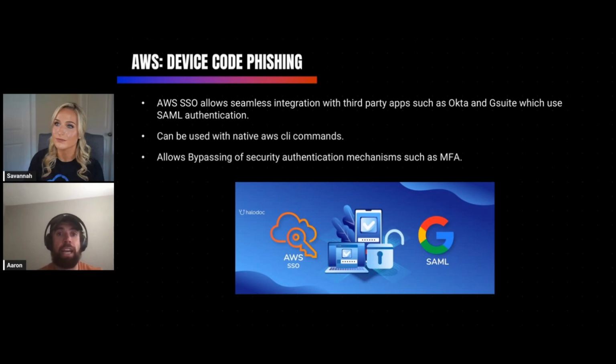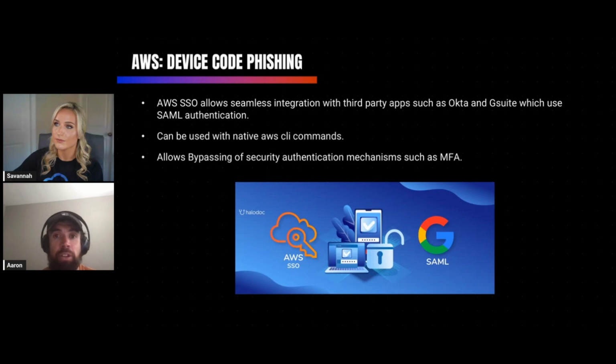Moving into initial access. So we're first going to talk about AWS and device code phishing. I'm sure everyone's familiar with single sign-on. AWS integrates this to allow for seamless integration with third-party apps such as Okta or G Suite using SAML authentication. This tool, AWS device code phishing, is a common configuration within AWS SSO that lets you register a device code.